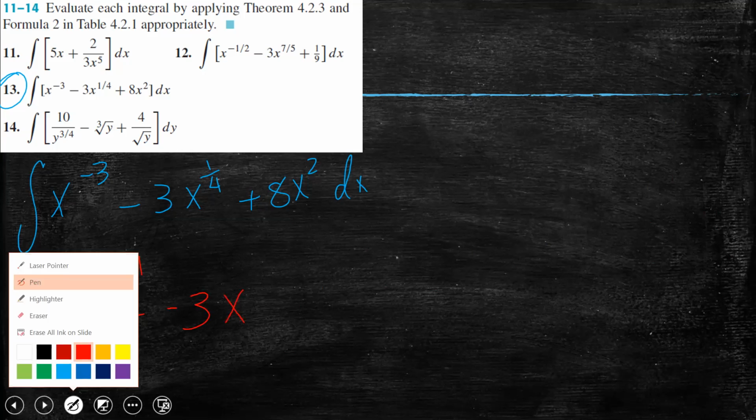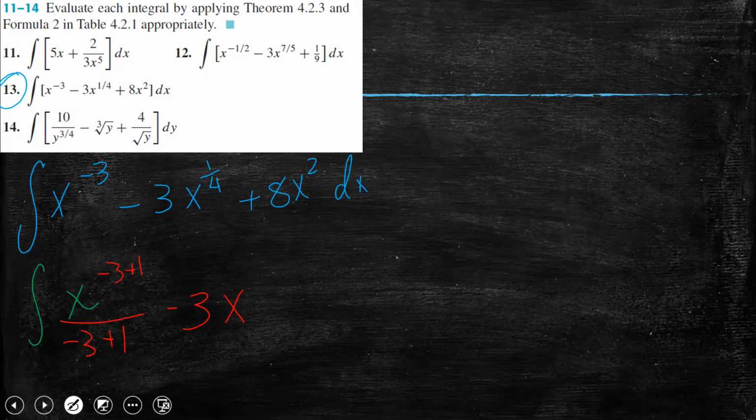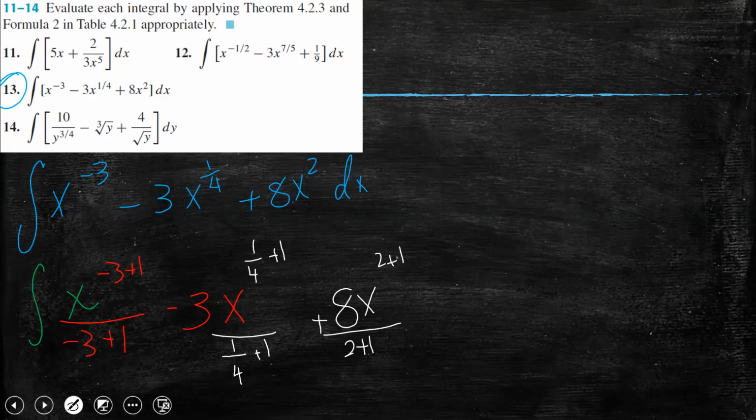Now 1 over 4, I will add 1 to the new exponents here, plus 8x to the power 2 plus 1 over 2 plus 1, plus c. After I integrate these functions, I will add c.